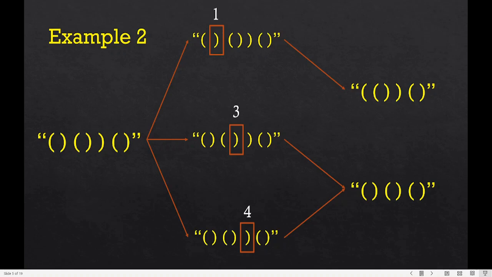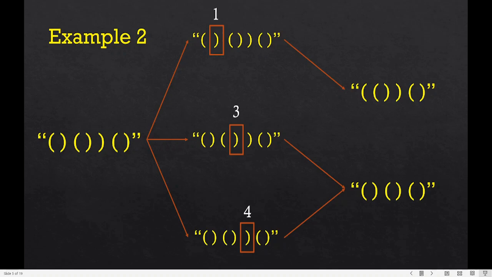The second way is to remove the third index and we'll get a second, different solution, that is a valid expression. Third way is to remove the fourth index and we'll get the same valid expression that we got in the previous method.